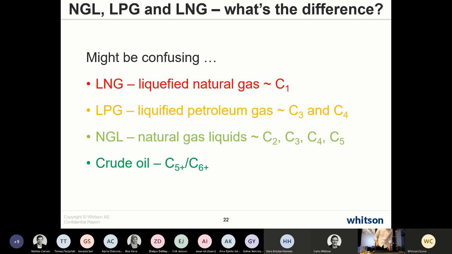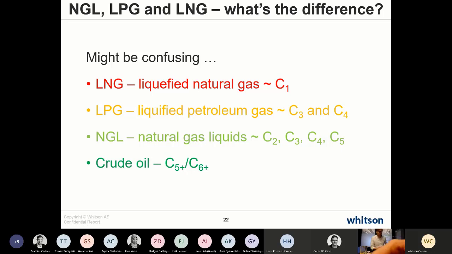We have two slides here just to try to bridge the gap a little bit for those of you who haven't worked that much with compositions, as Chris and Bilal and Hans and others here in the audience. There are also a few folks that haven't been exposed that much to compositions. We have a few slides to bridge the gap between these compositions and the lingo in day-to-day life.